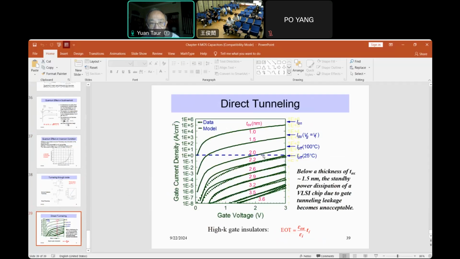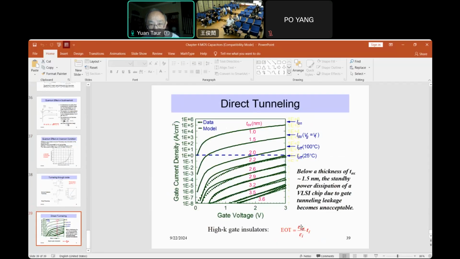You still need an atomic layer or sub-atomic layer at the interface to passivate the silicon bonds, but then you have high-K, which can be thick, but the capacitance, epsilon I over Ti, can be as large as that of a very thin oxide. So the EOT, the equivalent oxide thickness of a high-K, is given by the physical thickness of the insulator multiplied by the ratio.